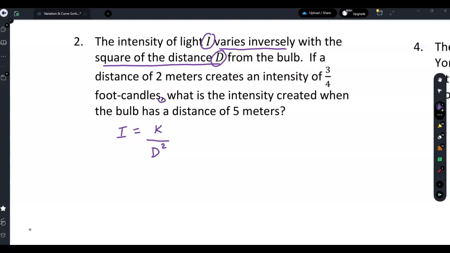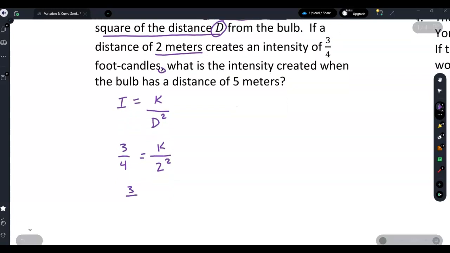So that information is telling me that 2 meters is a distance, so I can plug in 2 in the place of d. And then they're telling me that the intensity is 3/4 foot candles, but I won't worry about the units right now. So I've got 3/4 equals k over 2 squared, and that's enough information to solve this equation for k.